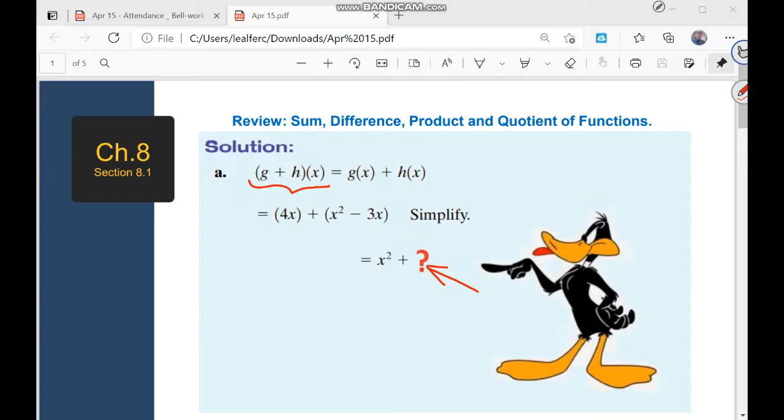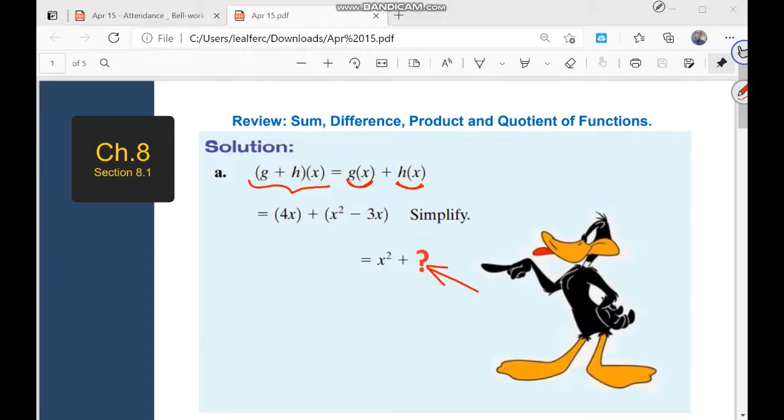The example we worked yesterday is about parentheses g plus h, then close parentheses, of x. This is a notation for function g of x added, or summed, with the function h of x. It's an addition, right?